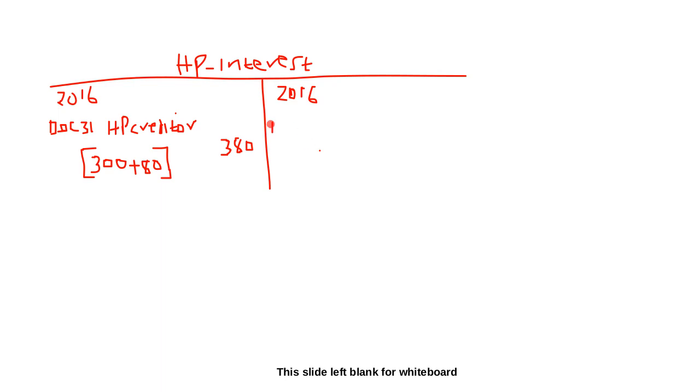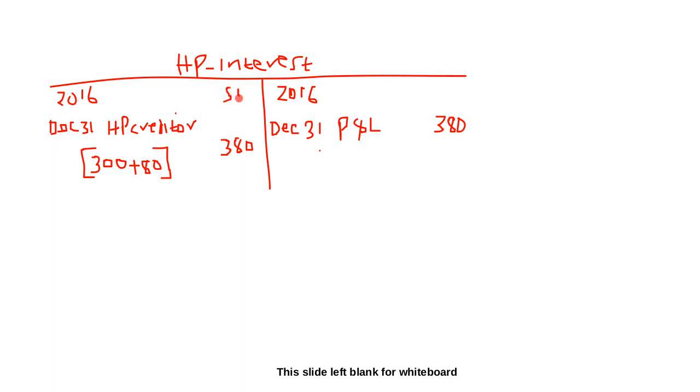So we'll have December 31st, P and L, then the entire amount. Take the entire amount to profit and loss, 380.